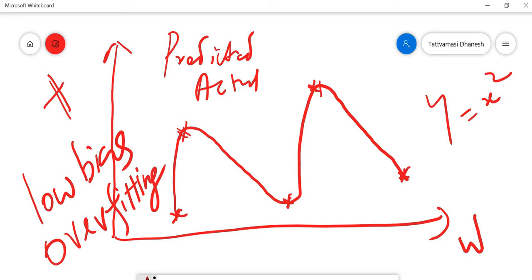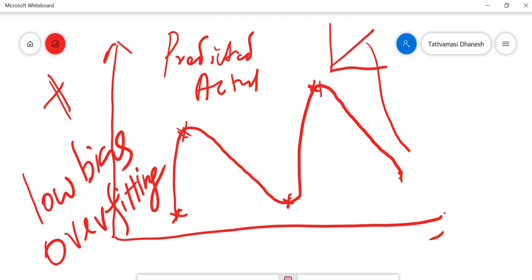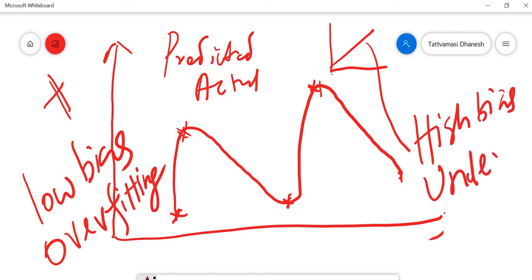So bias is defined with the training data set. The first model, whatever we discussed previously, the linear regression line, is giving a high bias. And this graph, we can call it underfitting.